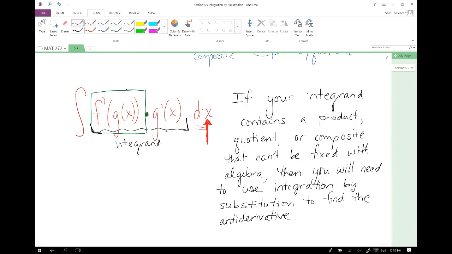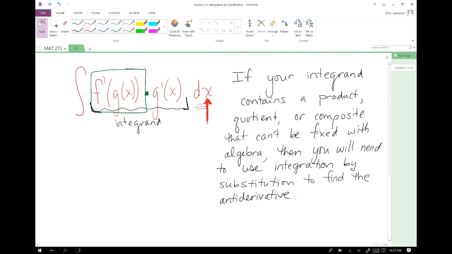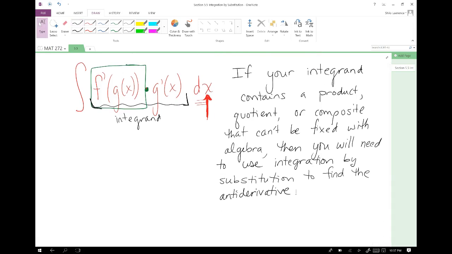So our goal here is to make it so that we don't see a product, a quotient, or a composite. And we're going to start with the most complicated piece that we're going to see in this integral. Now, you're not always necessarily going to see the product or the quotient, but you should always see a composite function.